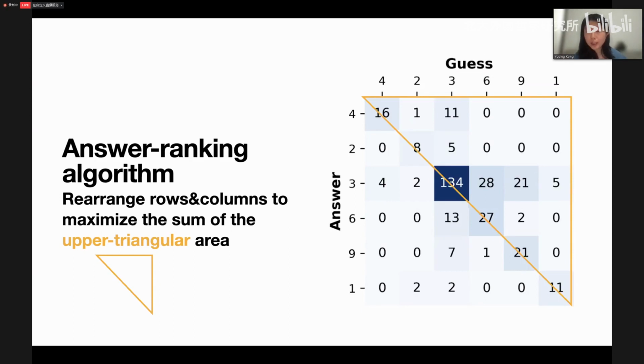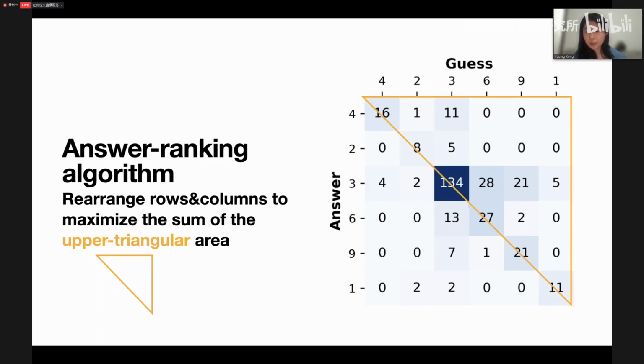The intuition behind this algorithm is that we assume the higher level people know the thinking of, and can predict the opinions of, the lower level people. So if these answers are arranged in a perfect order, there are only going to be positive elements in the upper triangular area. That is why we use this algorithm.